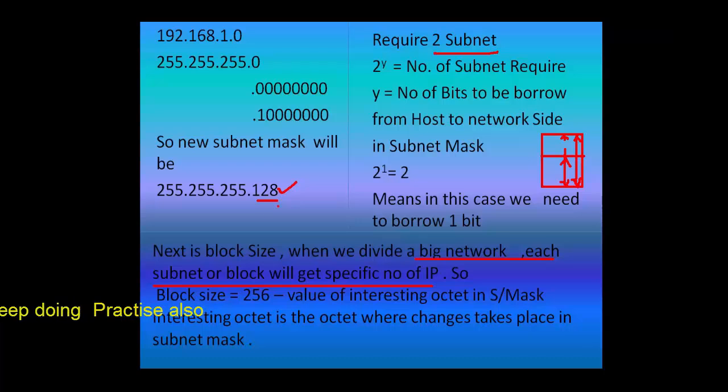The same way, when we divide a big network into small subnetworks, each block will get some specific IPs. The total IP in a C class is 256, if you remember.